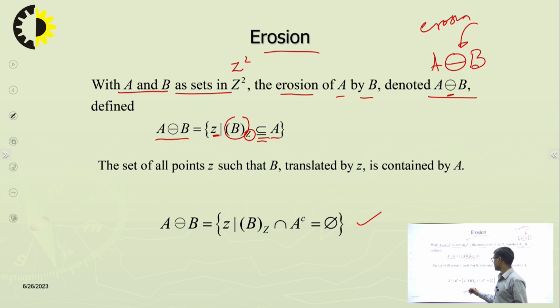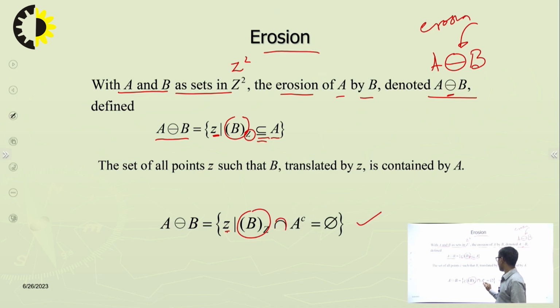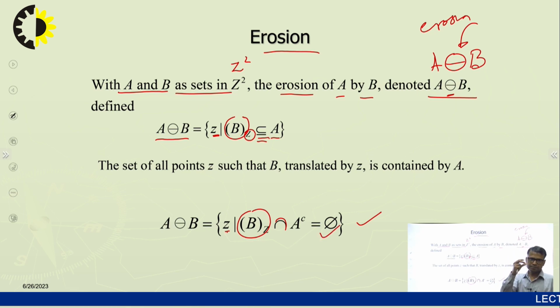Otherwise, for all those pixels when B is translated, the intersection with A complement, the rest of the image other than A, is phi, meaning there is no intersection between the background and the translation of B by Z.